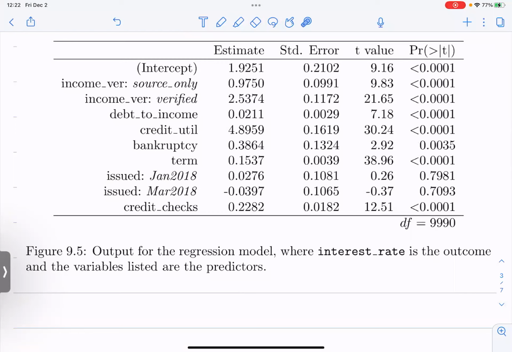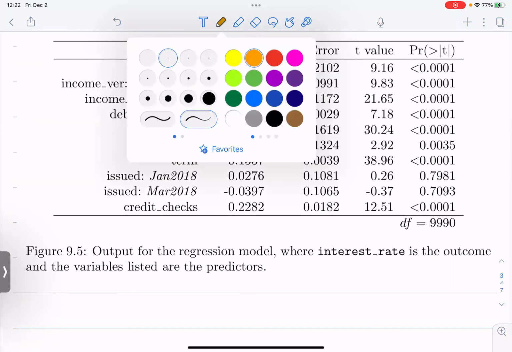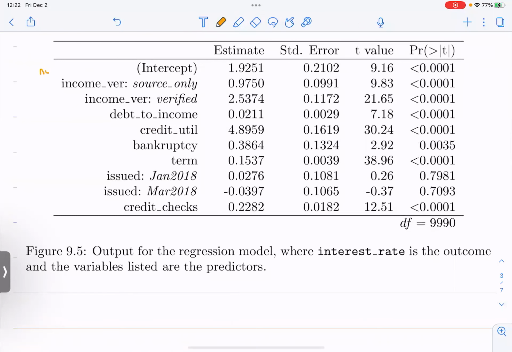Okay, so what we said was, this intercept is a placeholder for both not verified and February 2018. Those are jumping off points, and you can have a collection of things as your intercept. It's just a starting point.